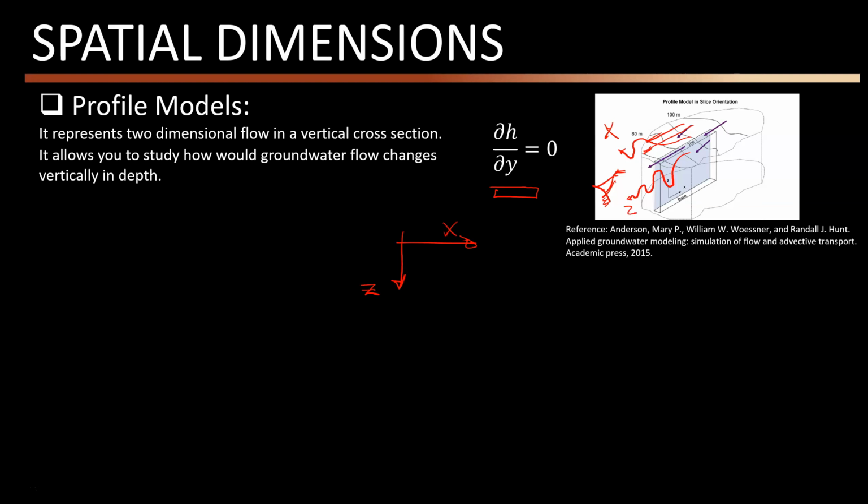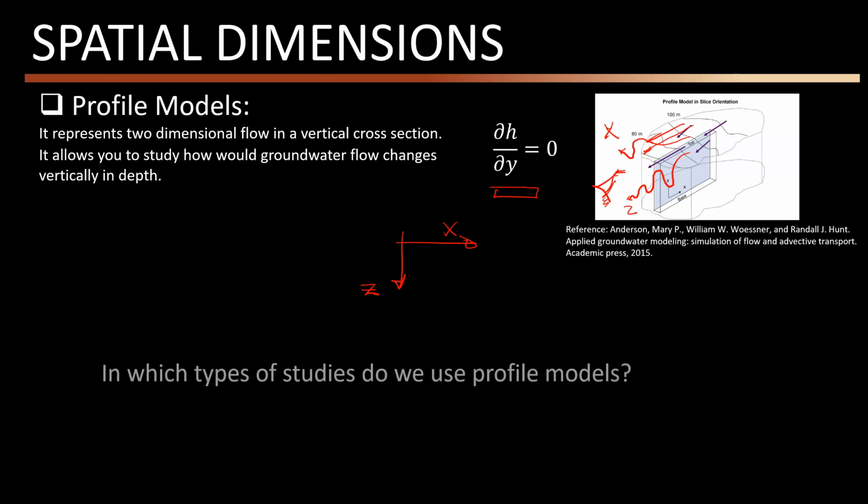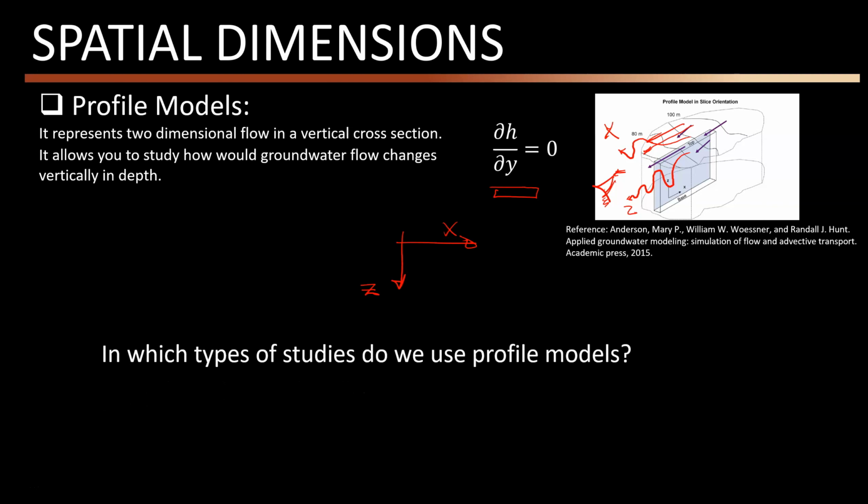So this is a very interesting form of groundwater models that you'll see in the next slides. I will show you some very interesting and practical cases where we want to consider a profile form of a groundwater model.